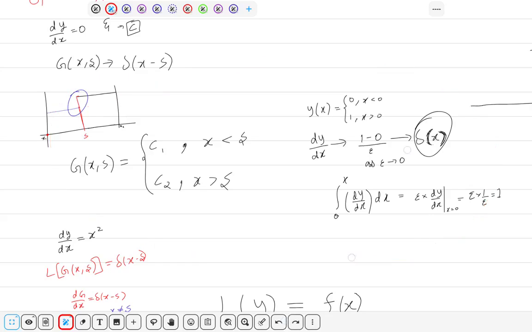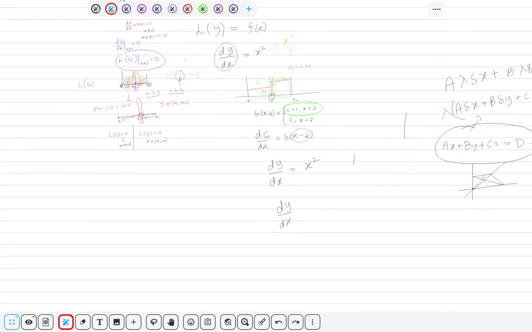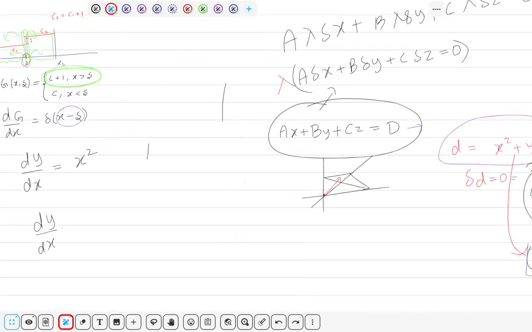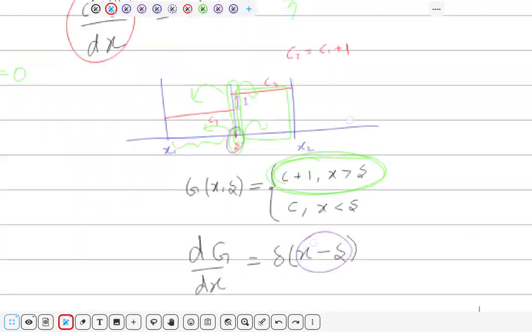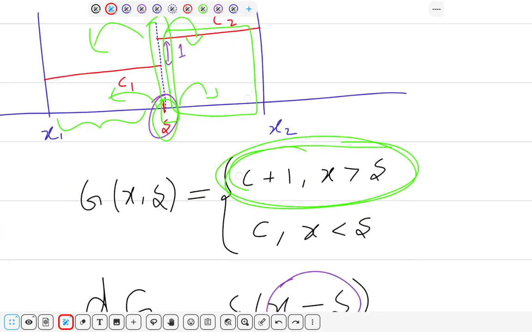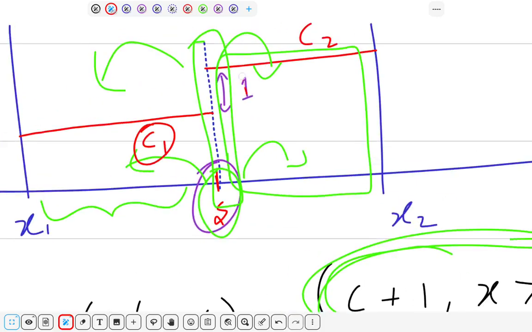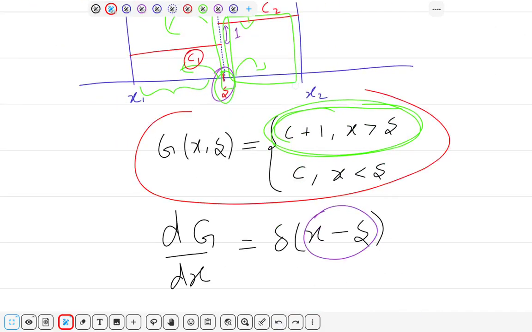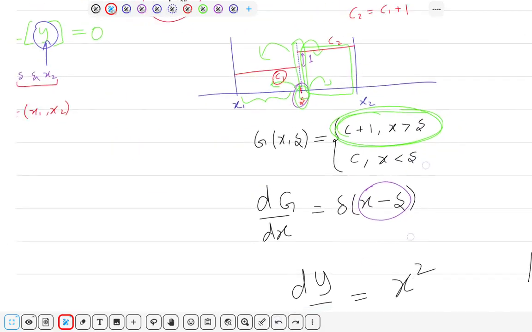So now, if I have this condition, suppose some constant is there, and that constant plus an extra addition, can I use this to construct my whole solution of the other function?